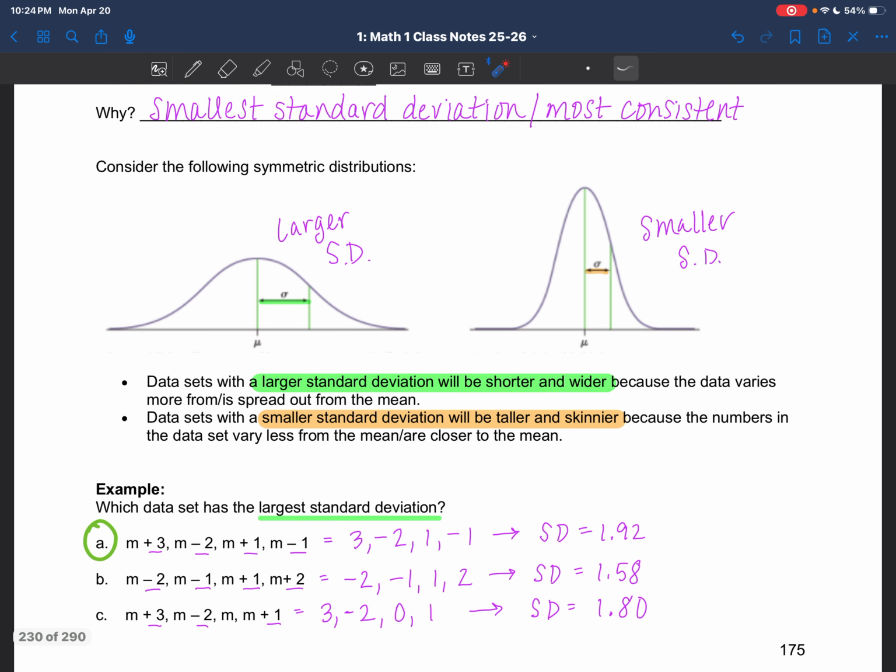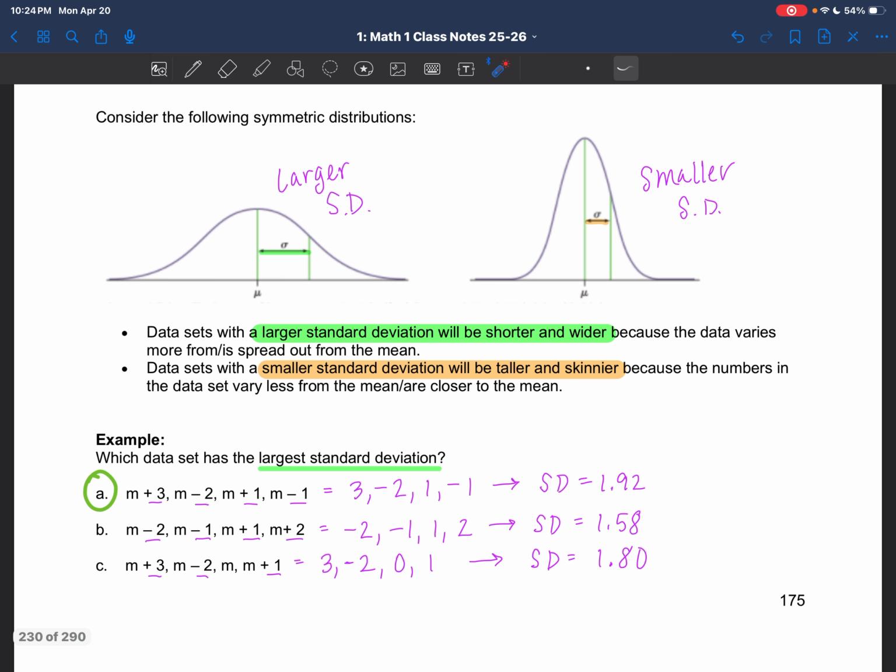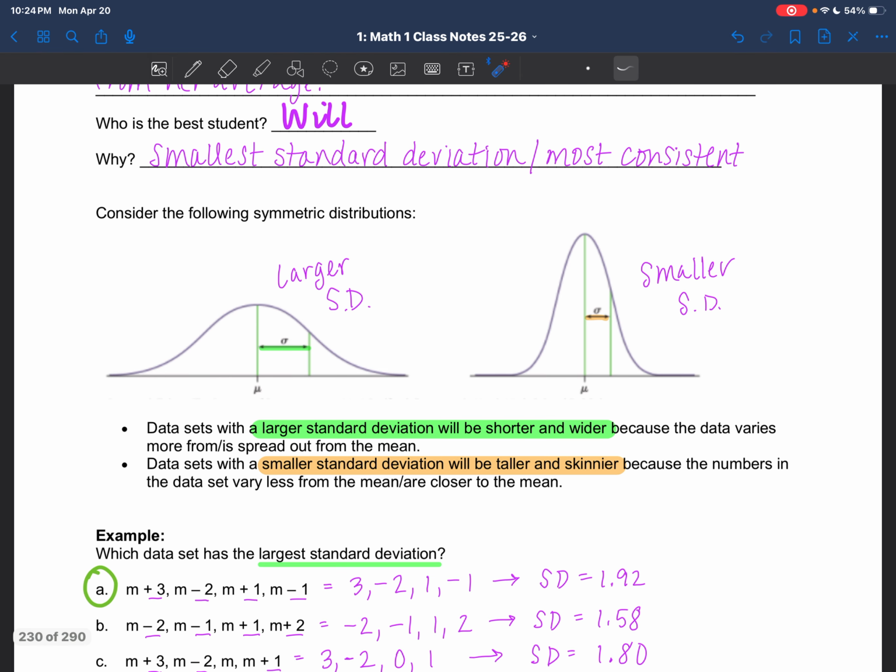So now let's consider the following symmetric distributions. When you're looking here, if you notice, there's a larger standard deviation, so it's not as consistent, versus this one, where there's a smaller standard deviation.